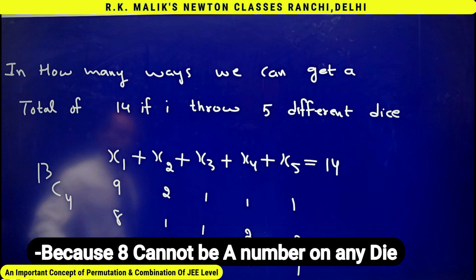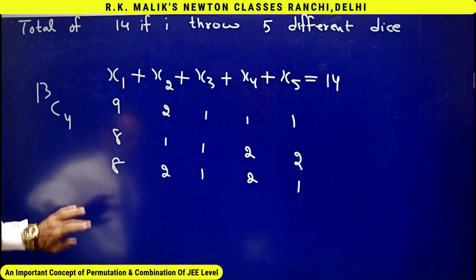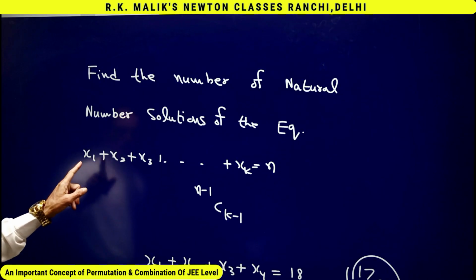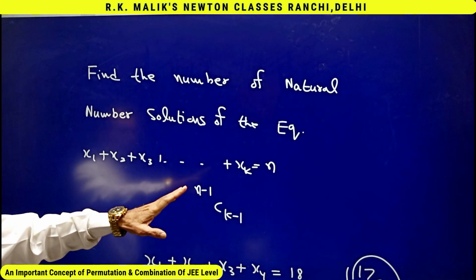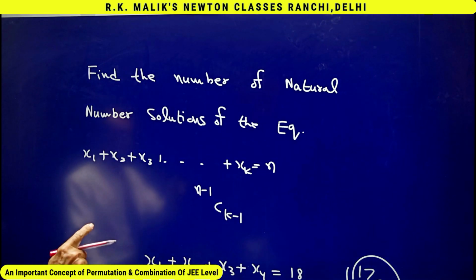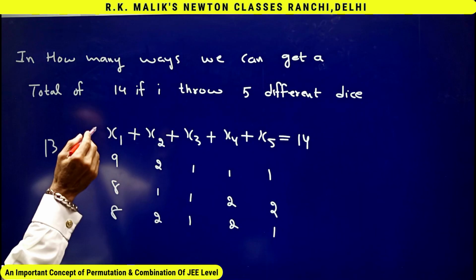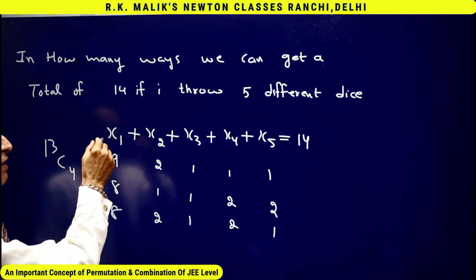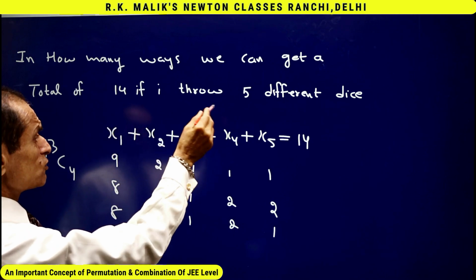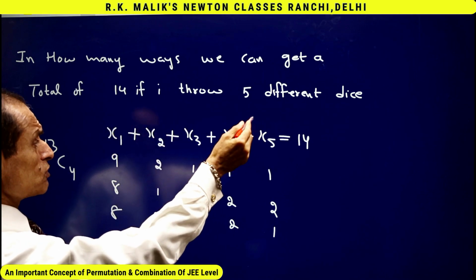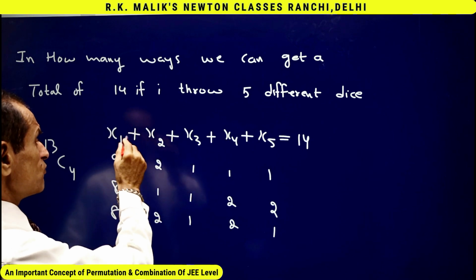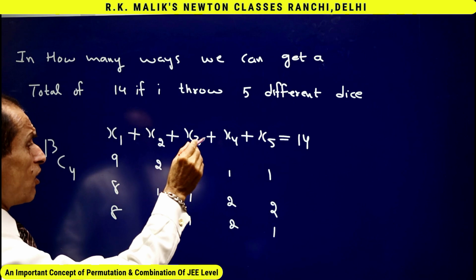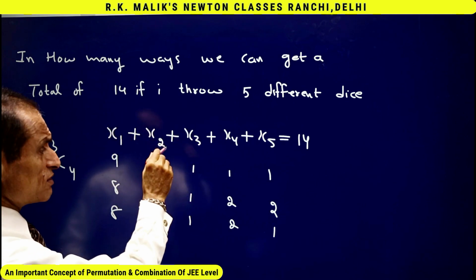That is, the formula n-1 c k-1 is allowed only if on x1, x2, x3 up to xk there is no restriction from the upper limit. But we will not be allowed to use that formula for finding the number of solutions in the case of 5 different dice, because in the case of dice, x1, x2, x3, x4, x5 all have an upper limit, that all of them are 6 or less than 6.